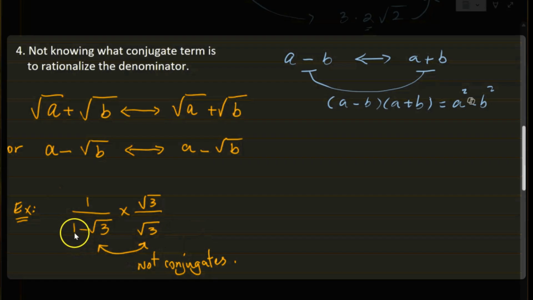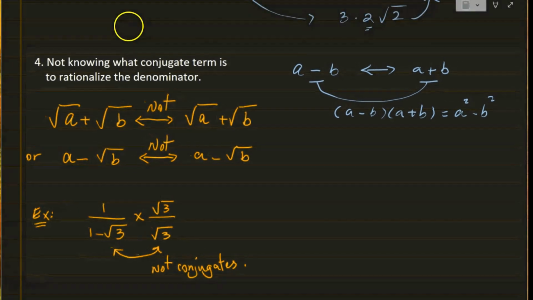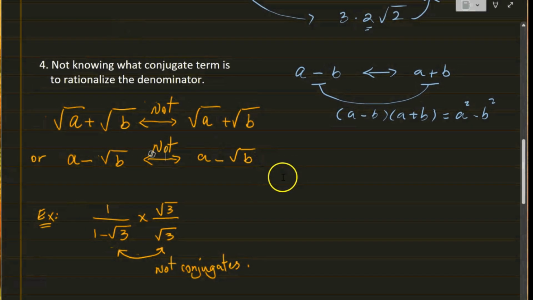So the conjugate of 1 minus root 3, now I wrote a couple of examples here. Square root of A, square root of B is not a conjugate, right? These are not conjugates of each other, all right? So you have to change the sign so that they create a difference of squares when you're multiplying them, and that way it will work.